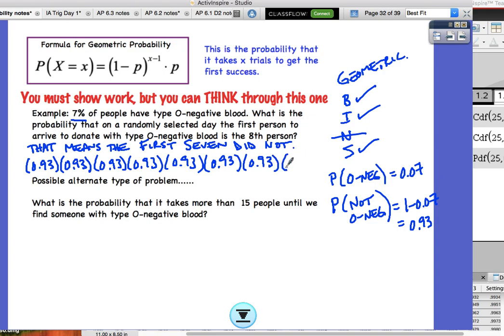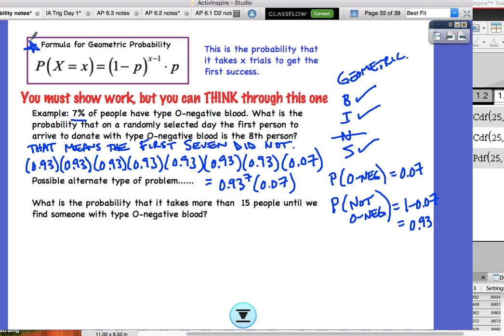But the 8th person does. I can multiply all those together. Now this would be the same thing as me doing 0.93 to the 7th power times 0.07.